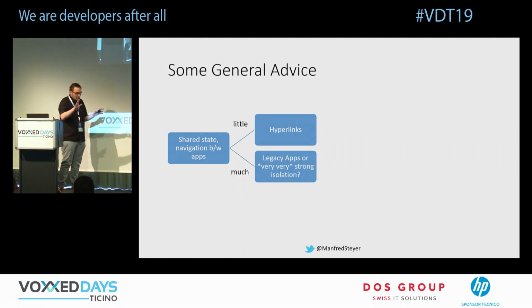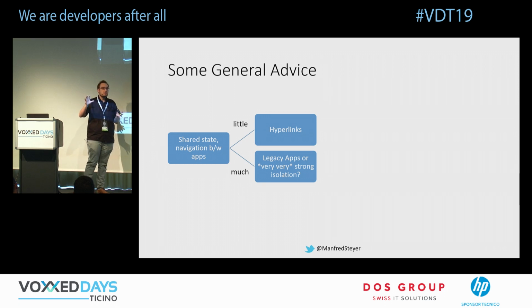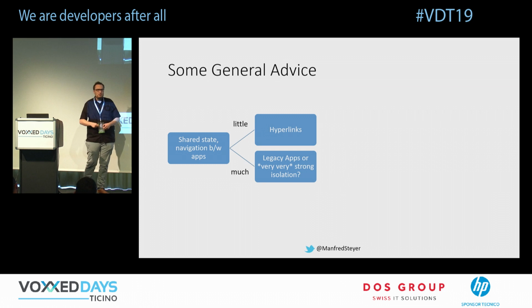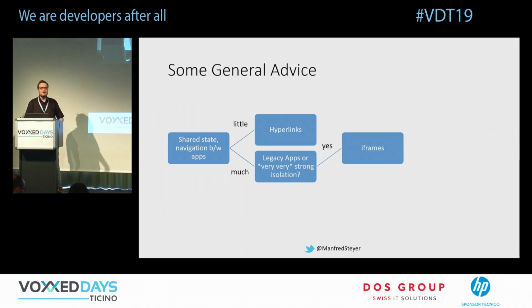So they are using third-party vendor software. Some modules are from other vendors, but they want to integrate everything nicely into one common thing. And because they cannot control the other vendors, they just put this stuff into an iframe, because this is the safest way of doing this.